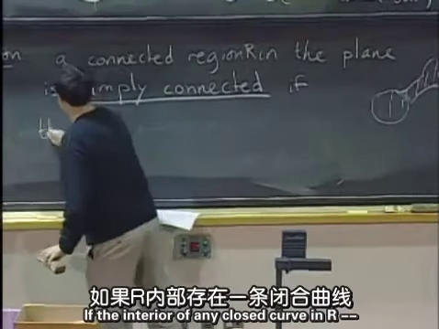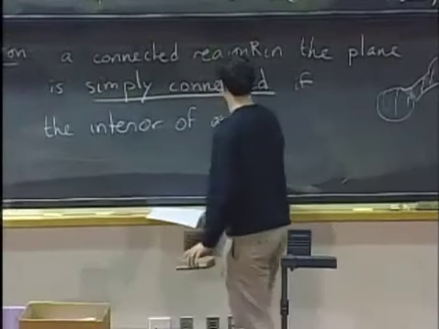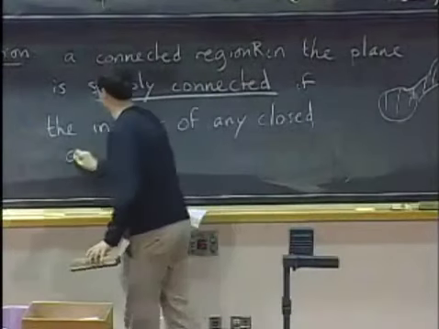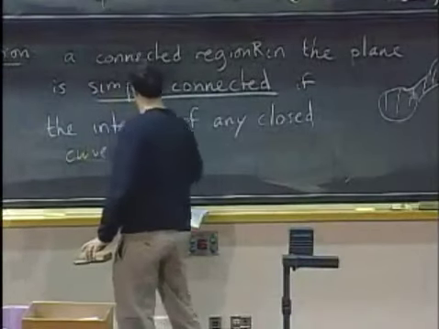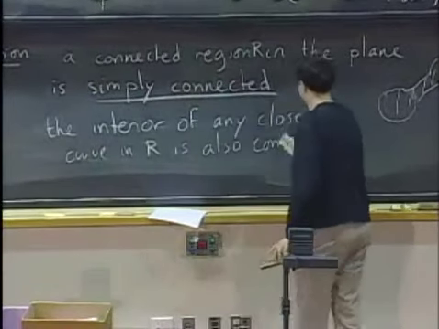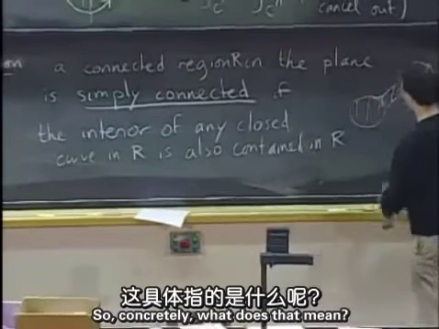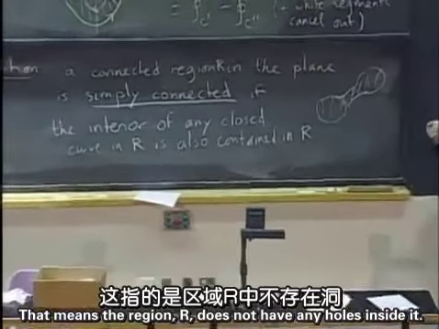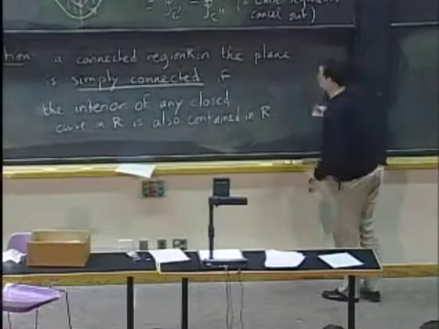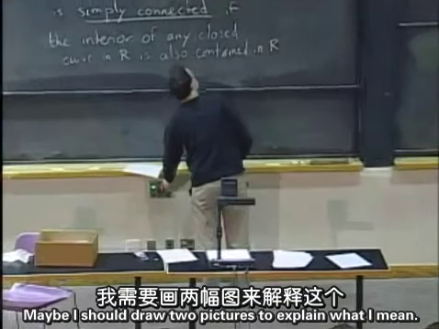if the interior of any closed curve in R is also contained in R. So concretely, what does that mean? That means the region R does not have any holes inside it. Okay, so maybe I should draw two pictures to explain what I mean.